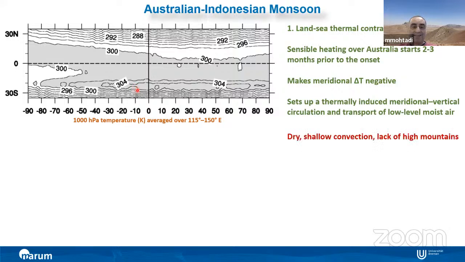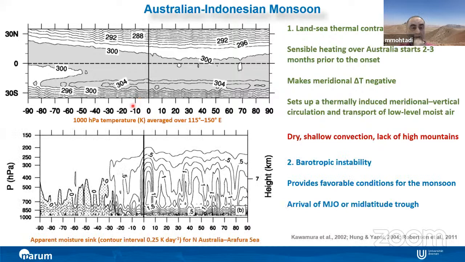However, this convection is still dry and shallow because Australia lacks high mountains, and the atmosphere in these tropical regions is rather barotropic, so it needs a barotropic instability. That's what you see here. Now we are looking into the atmosphere. That's the height of the atmosphere, and these are the days before the onset of the monsoon.